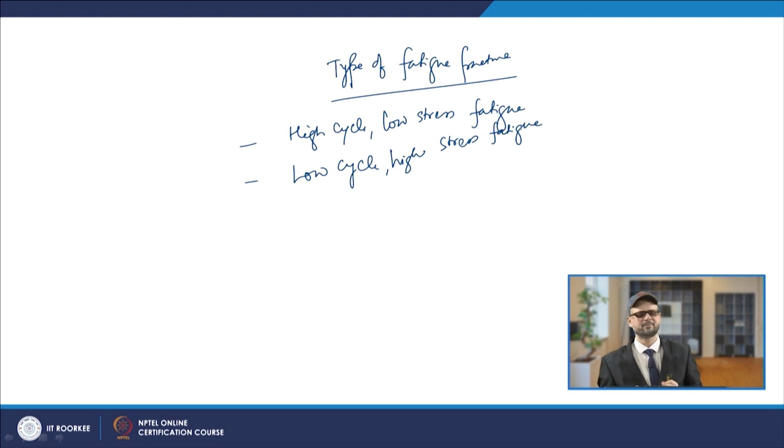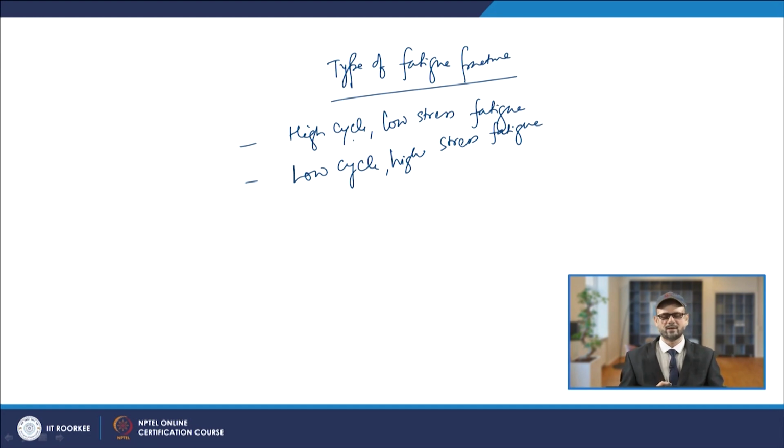So, basically high cycle low stress fatigue means the stress value which is being applied is low. So, it goes for a very large number of cycles, and then it fails after being subjected to very large cycles, whereas in this case the stress value is larger, and so the material sustains for a very small number of cycles.